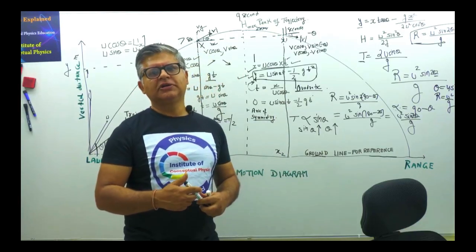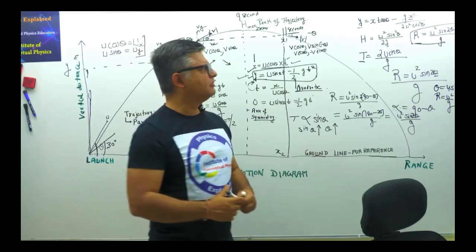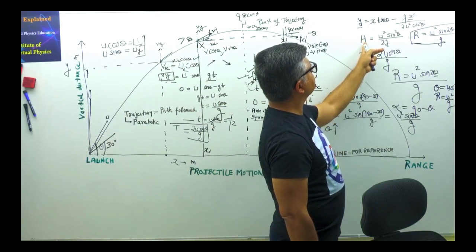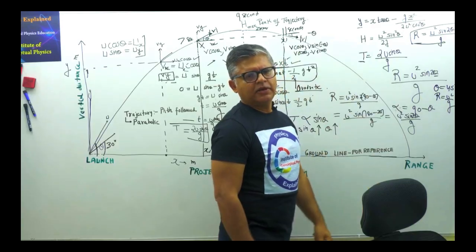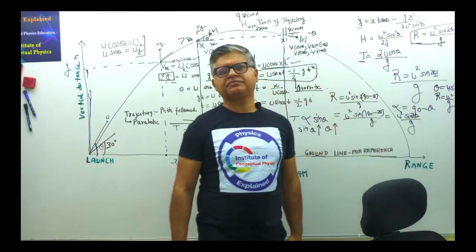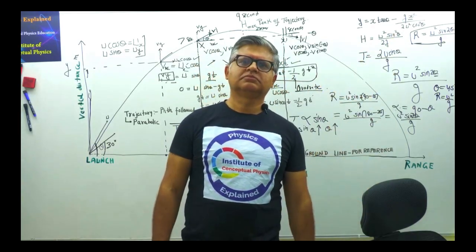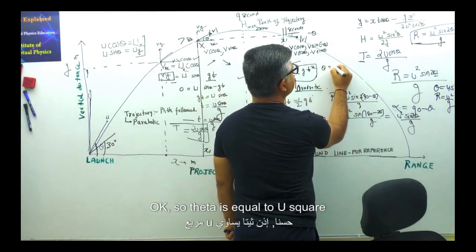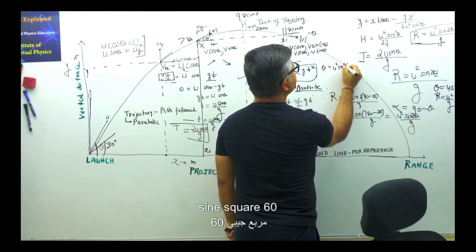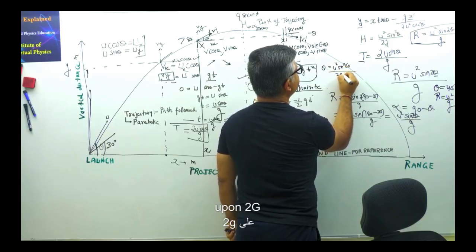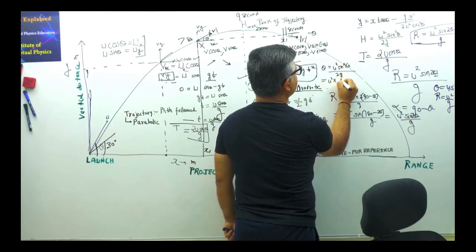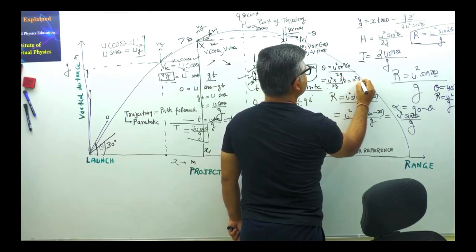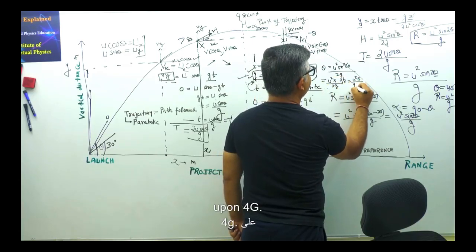Let's now talk about the power of angle. Look at the height, maximum height. If you increase your theta, okay, so height for 60 degrees is u square sine square 60 upon 2g is equal to u square 3 by 2 upon 2g is equal to u square 3 upon 4g.